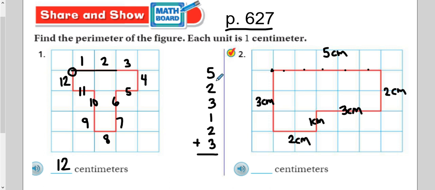So I've got them all. I'm ready to add them up. I'm going to try to use some compatible numbers here. 2 and 3, that's going to give me 5, plus this 5 right here. So now I'm at 10, and I can go 11, 12, 13, 14, 15, 16. So the perimeter of this shape right here is 16 centimeters.